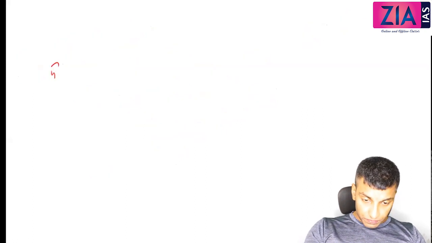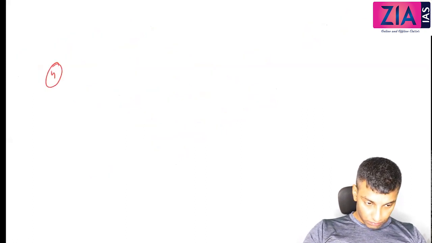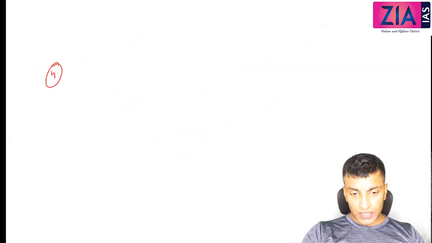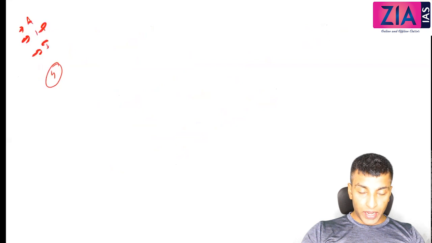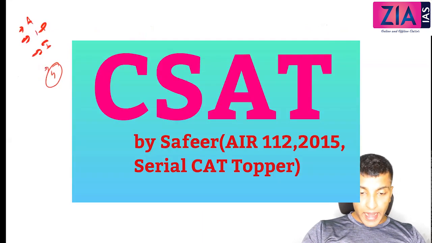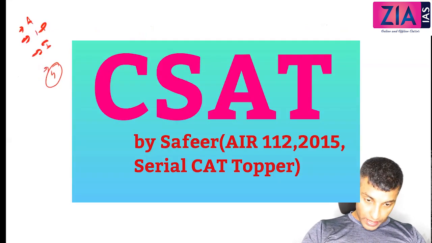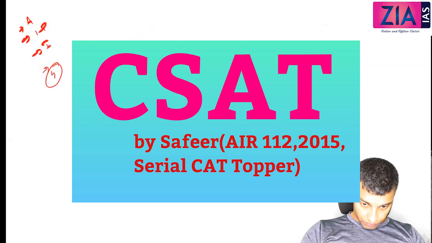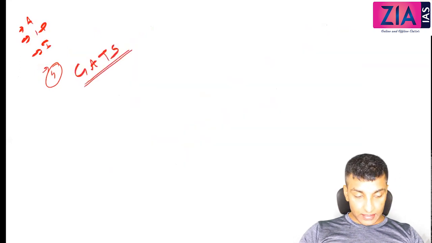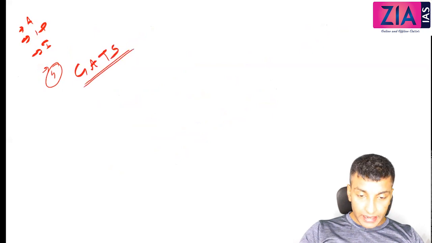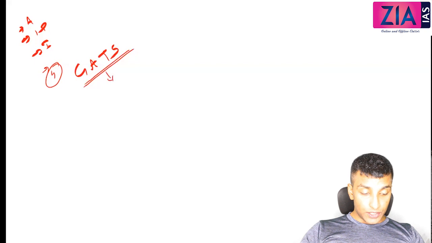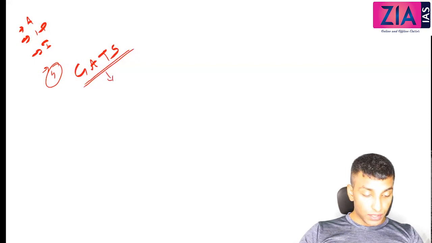Now the fourth one. So first one was agriculture, then related to IP, then related to investment, now related to trade in services. What is that? GATS, General Agreement on Trade in Services.